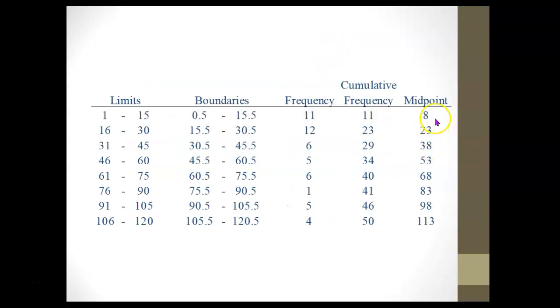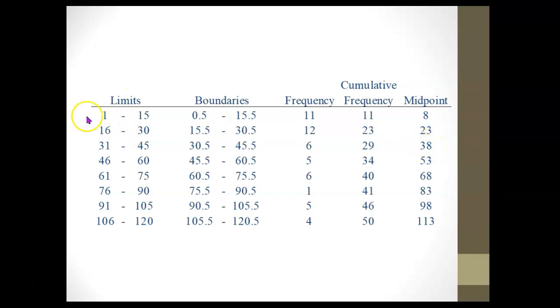We might also want to know the midpoints of the classes. So halfway between 1 and 15 would be 8. Halfway between 16 and 30 would be 23. Halfway between 31 and 45 would be 38, and so on.